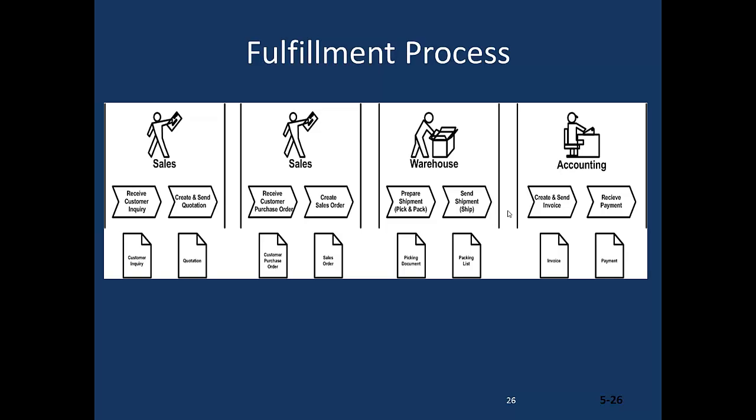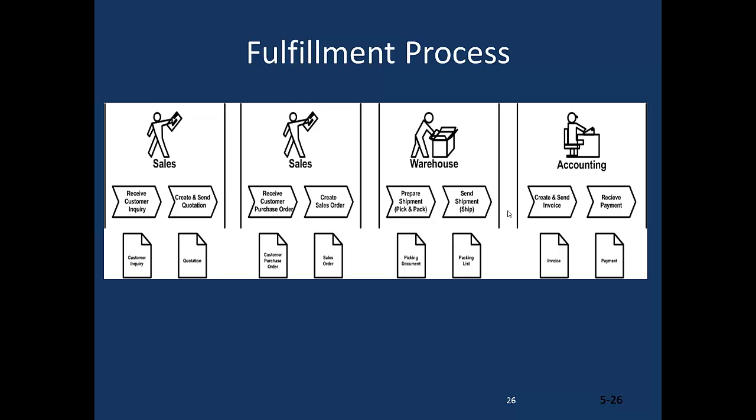So we have some of the things that are involved in the fulfillment process for this organization, where we receive an inquiry about the product from a customer or potential customer. And we then create and send a quotation for the product to that customer. We receive, we hope, an order from the customer in the form of a purchase order, and then we in the sales department have to enter a purchase order number. We create a sales order within our organization. We then prepare shipment.